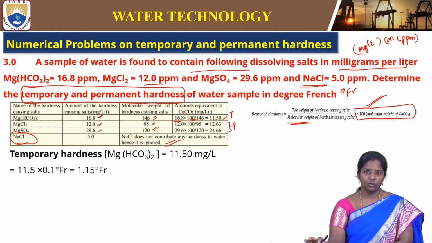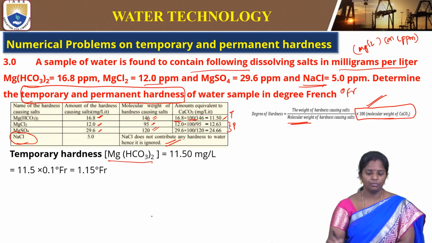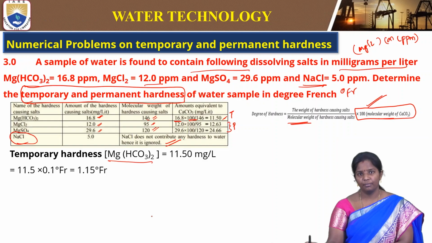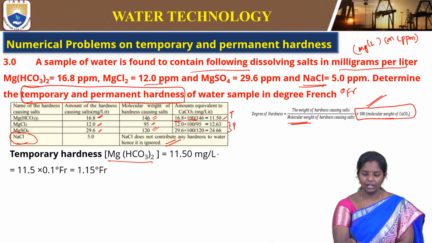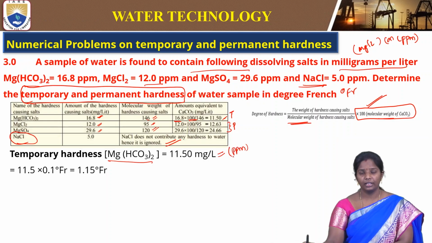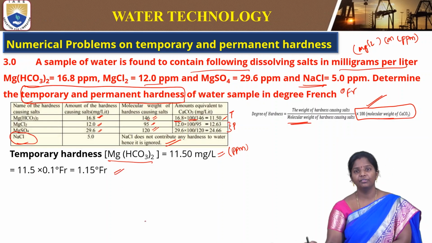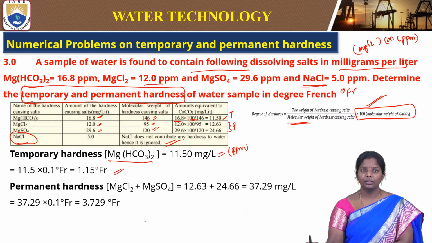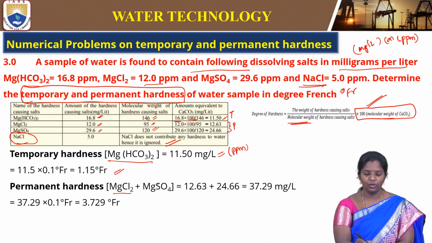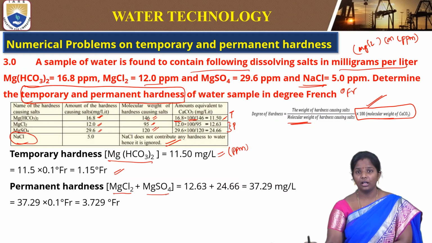There is only one salt present for the temporary hardness, that is magnesium bicarbonate, 11.5 milligram per liter, or ppm. Converting 11.5 with 0.1 gives 1.15 degree French. Then for the permanent hardness, magnesium chloride and magnesium sulfate are responsible.